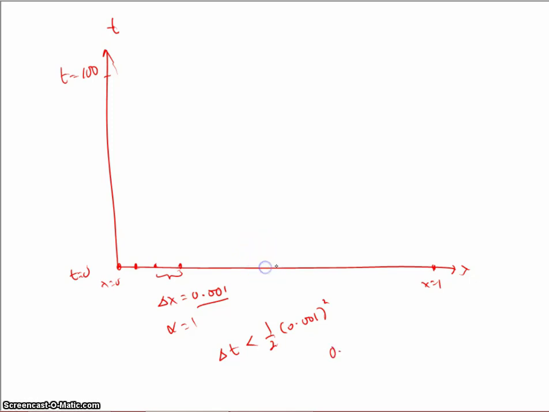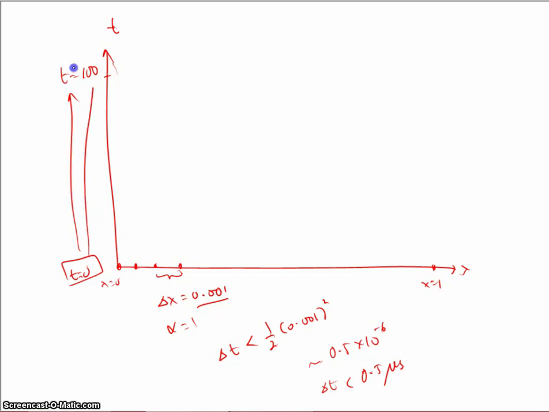So it will be 0.5 times 10 to the power minus 6, which is approximately 0.5 microseconds. So for you to solve from t equals 0 to t equals 100, your Δt must be less than 0.5 microseconds. This becomes problematic because marching from t equals 0 to t equals 100 at a time step of 0.5 microseconds is going to take a long time. So this is why there's a huge restriction on how we can solve the heat equation when we use the FTCS scheme.